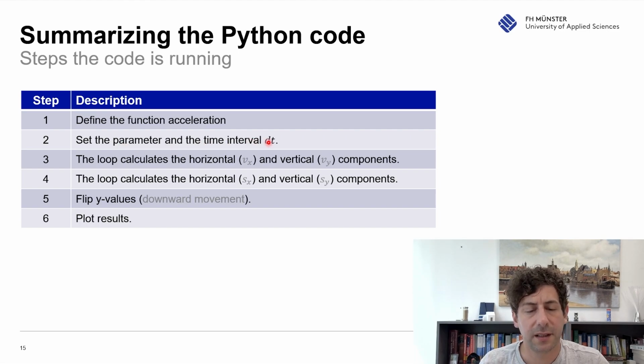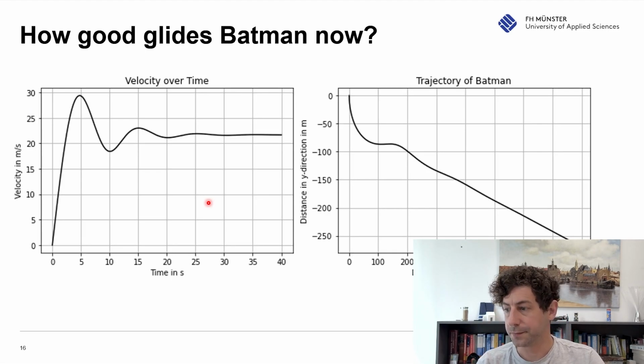And then we define the time interval, which is needed for the Euler method. And then we have the loop, and the loop calculates the horizontal and vertical components of the velocity, and also the horizontal and vertical components of the position. And then we flip the values for the y values, and then we plot the results. And that's it.